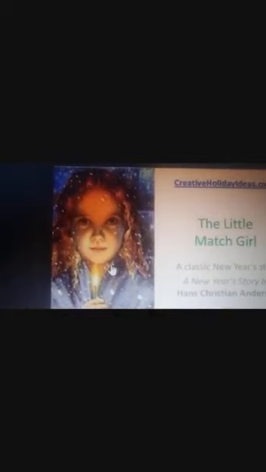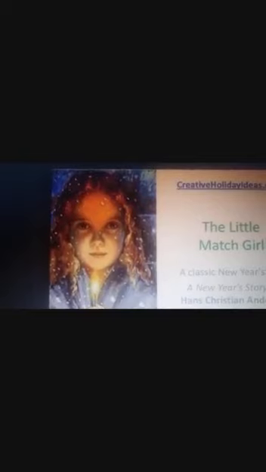Okay, children, now we'll be seeing the story in detail. So you see here, it was a terribly cold and dark evening, the last evening of the year. On this dark and chilly evening, a little poor girl was sent by her father to sell matches. She walked barefoot.